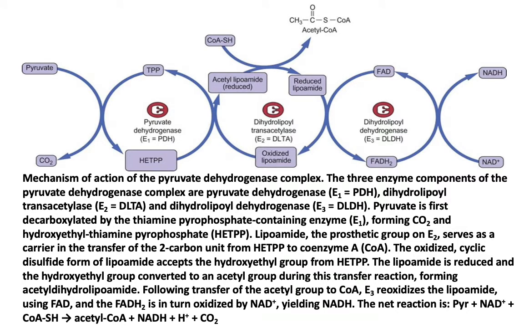Okay, this is the mechanism of pyruvate dehydrogenase, and again, let's not focus on the details here. Just want to show you that this is a very complex system that involves 3 different proteins, and that each of those proteins carries out a different function in converting pyruvate ultimately to acetyl-CoA and producing NADH as well.